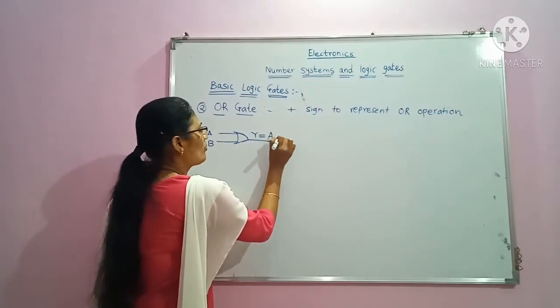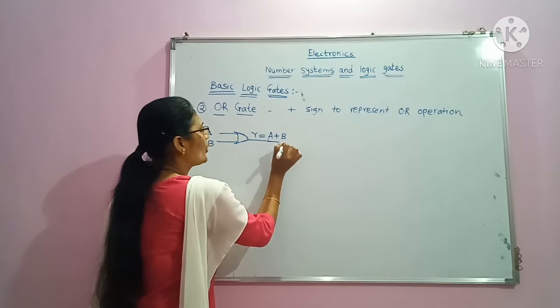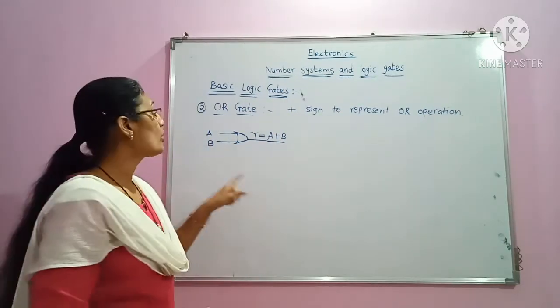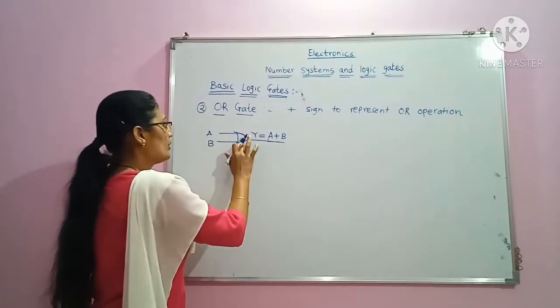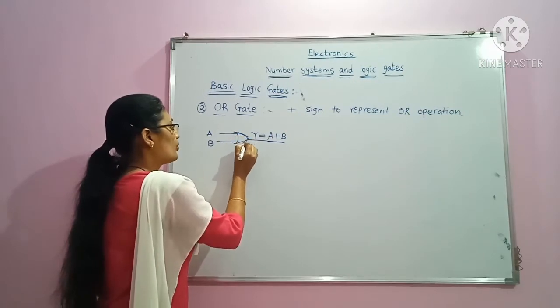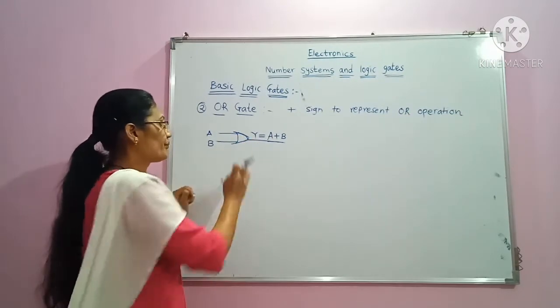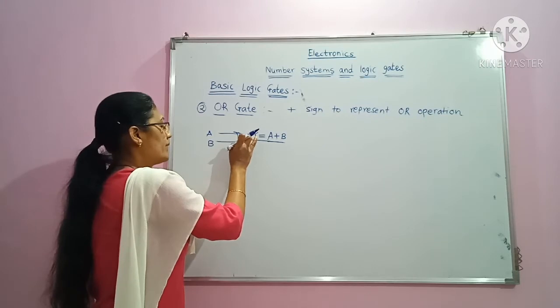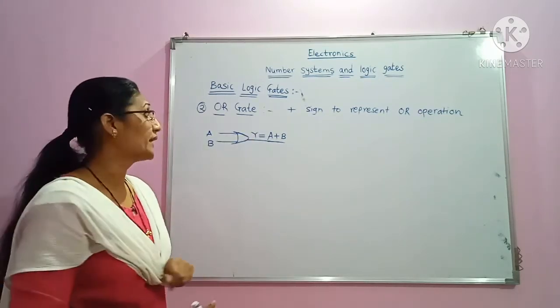So A plus B is going to give me the output of the OR gate, and this is the symbol of the OR gate.